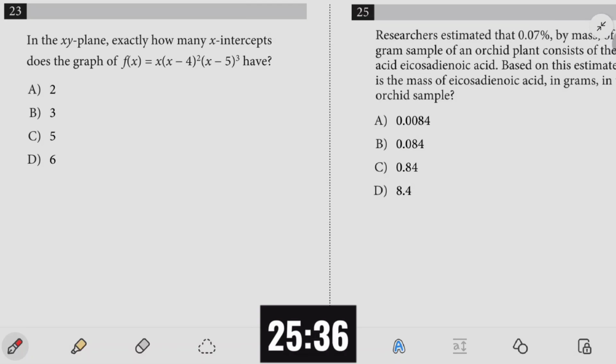Shoot. Hold on. But if it's 0... Graph. Zoom out. Shouldn't x equals 0 also give an x-intercept? Calculate value.